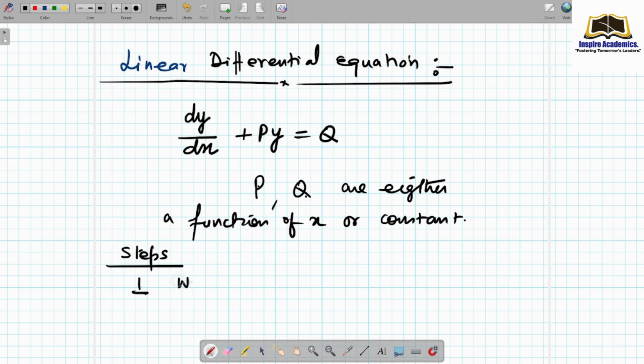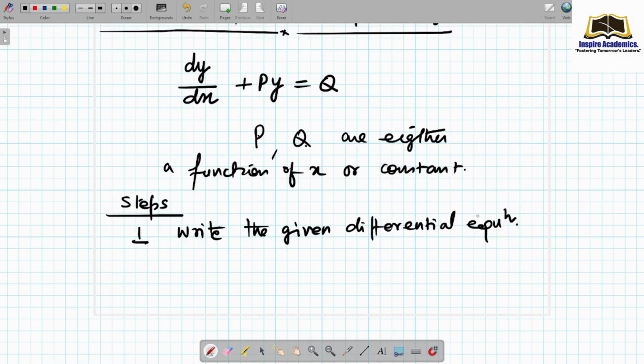Write your differential equation, write the given differential equation in this form or format. Which format? dy upon dx plus py equal to q.